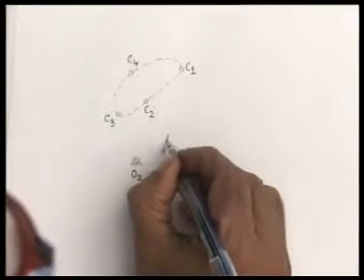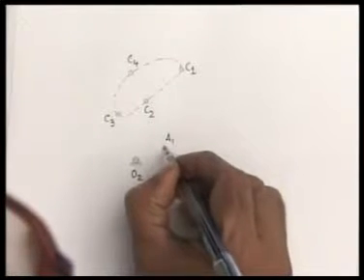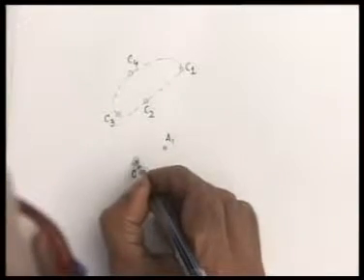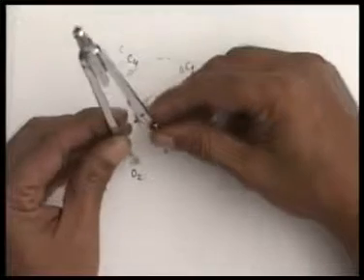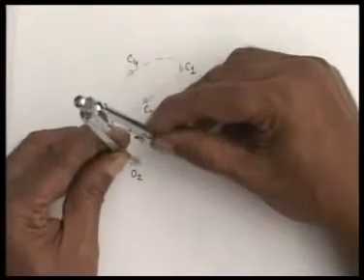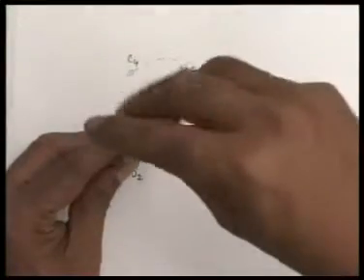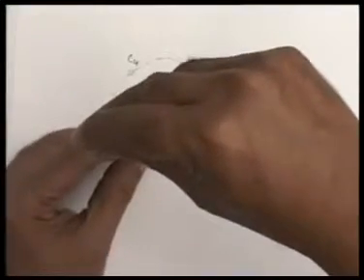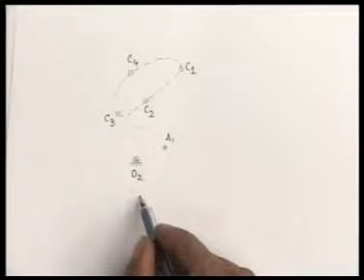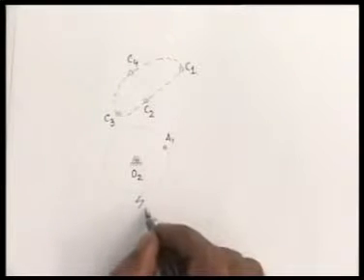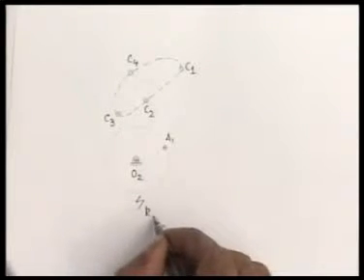and A1 arbitrarily. This is A1, this is O2. Since the link length O2A1 remains constant, when this link moves, the path of A I can get by drawing a circle with O2 as center and O2A1 as radius. This is the path of A. I call it KA.